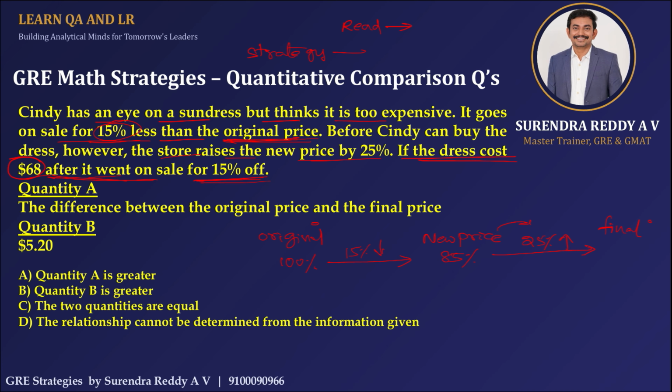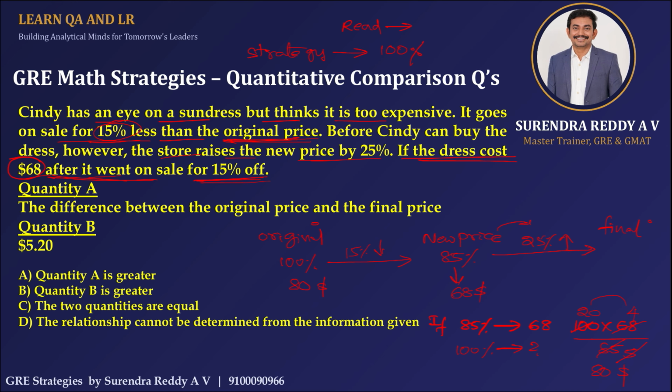So if 85% is $68, let's find out what the value of 100% is. Cross multiply. This is 100 into 68 by 85. 17 fours are 68, 17 fives are 85. 5 goes into 100 20 times. What is 20 fours? $80 is the initial price of the sundress.